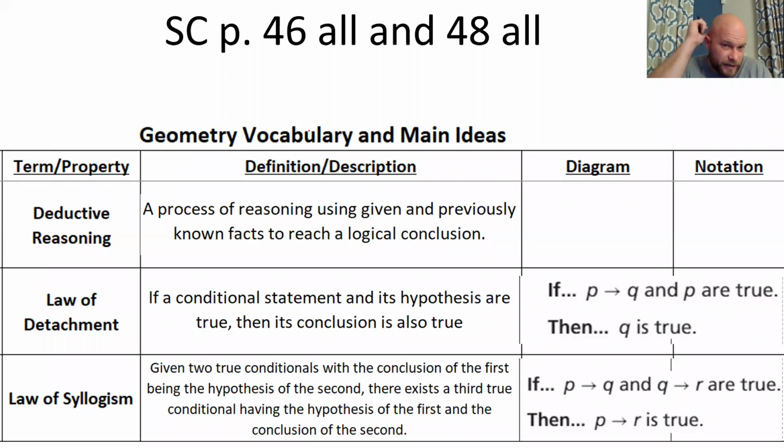And finally, I'm just putting this back up on the board. If you missed it earlier, these are the 3 vocab words that we did. And up there at the very top is the actual assignment. It's on page 46 and 48. I do want you to do all of them. Now, a lot of them are just rewriting the conditional statement.